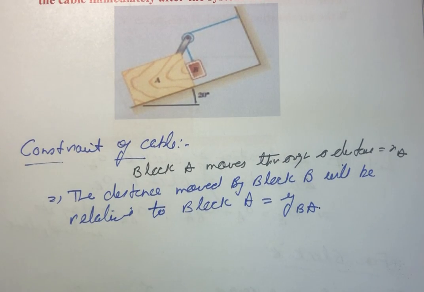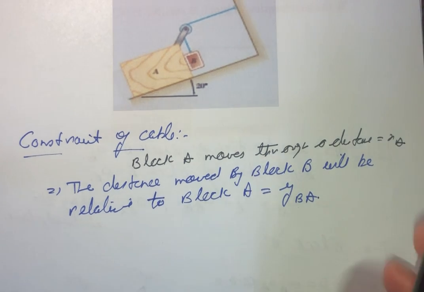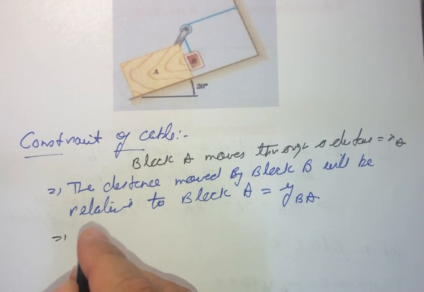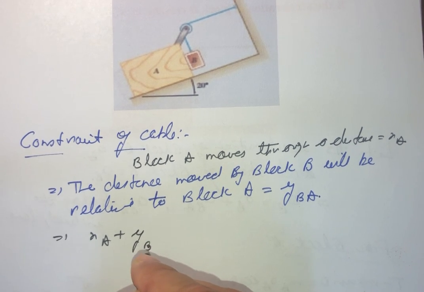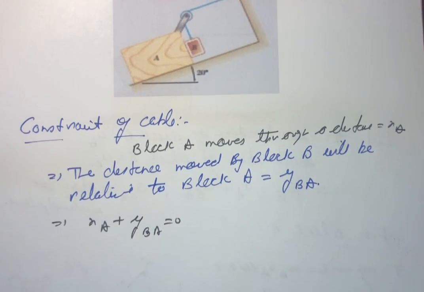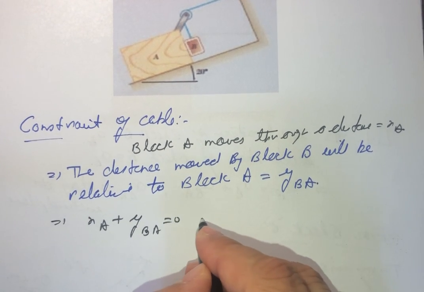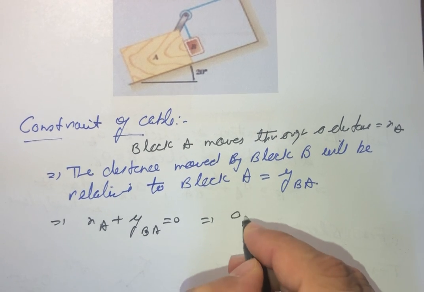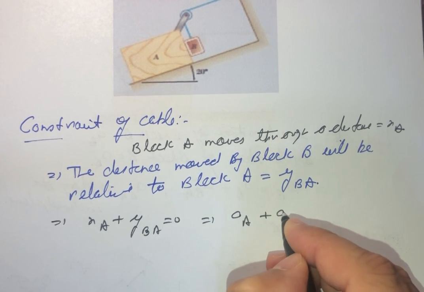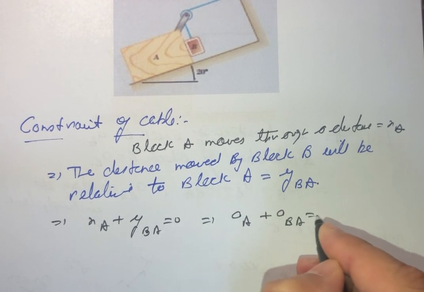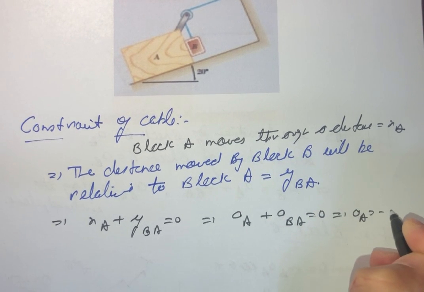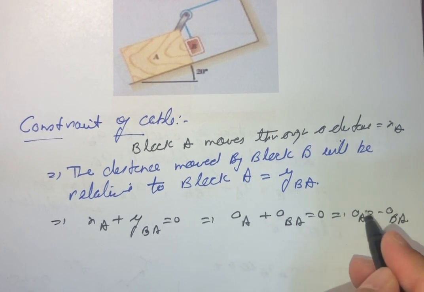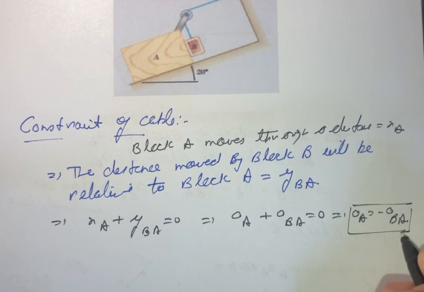As the length of the string is constant, we can say that xA plus yBA is equal to 0, and if you double differentiate this equation, you get acceleration of A plus relative acceleration of B with respect to A is equal to 0. From here we can say that aA is negative of aBA.